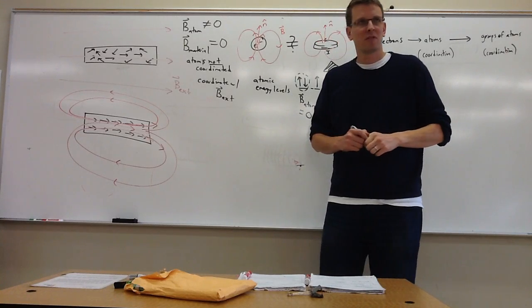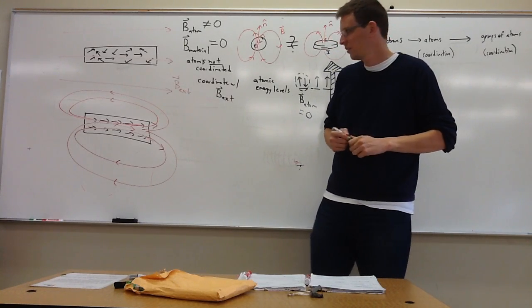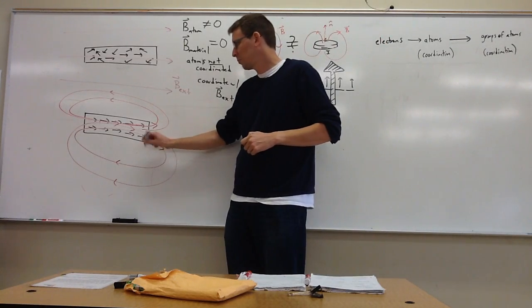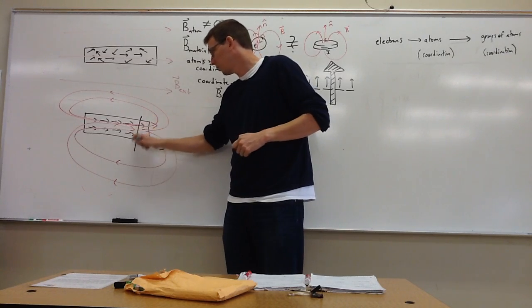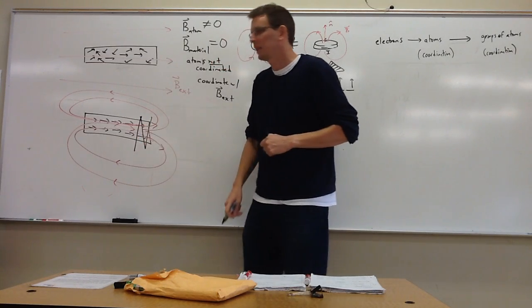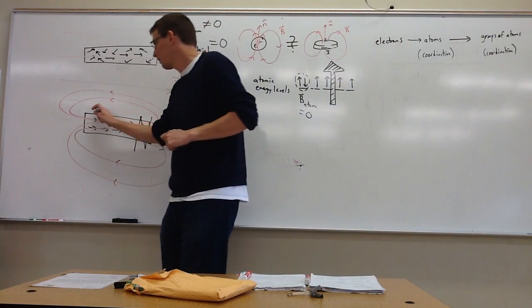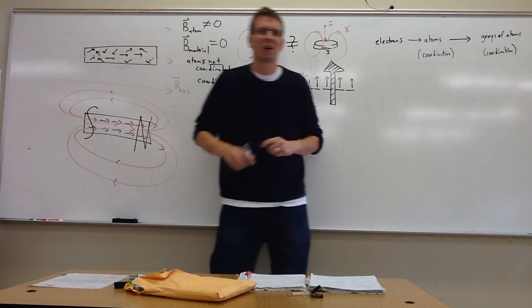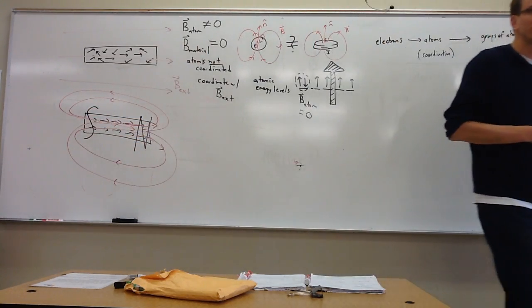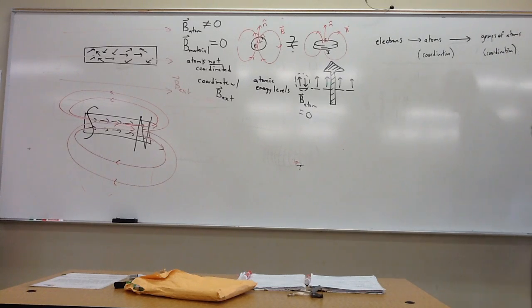We give names to the two sides. The side where the magnetic field emerges from the material is called the North Pole. That's where the magnetic field lines come out of the material. And the South Pole is where they go in. Okay?